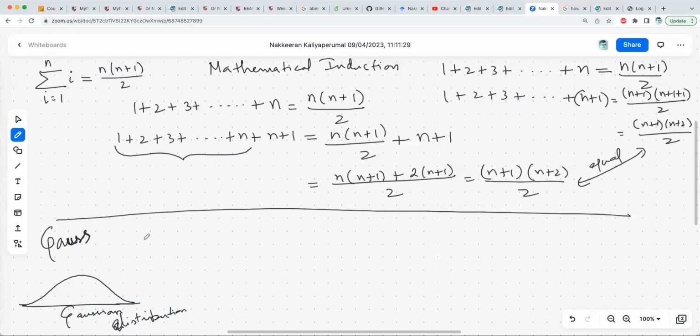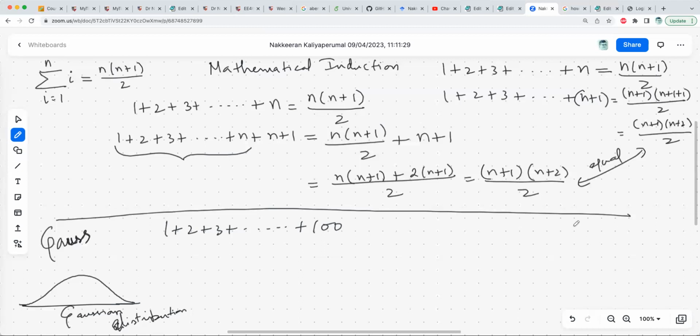So the class teacher gave a punishment to Gauss: do this 1 plus 2 plus 3 plus up to 100. It's not a normal job, right? Because n into n plus 1 by 2 was proven by him, but at that time nobody knew that.